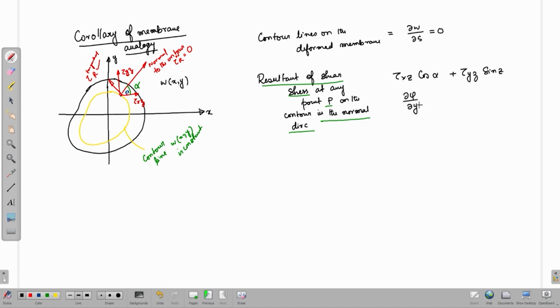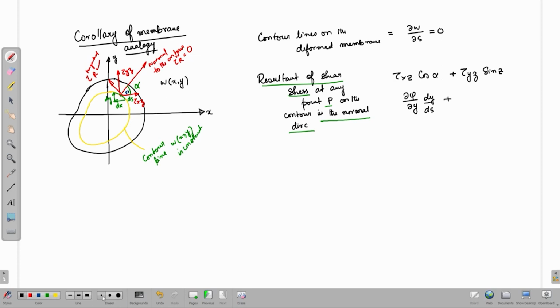Now, cos alpha is going to be dx, dy, and this is ds. Therefore, cos alpha can actually be written as dy by ds from geometry. Cos alpha is going to be dy by ds.